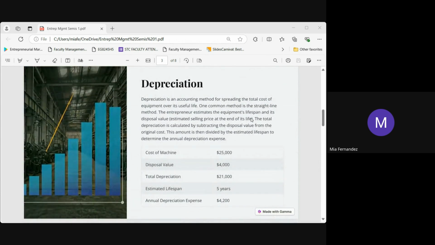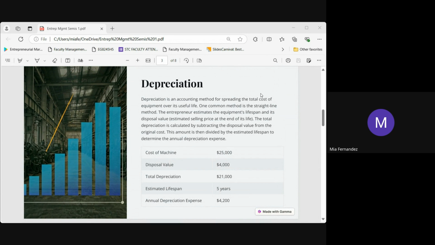Now, we can talk about depreciation expense, an accounting method for spreading the total cost of equipment over its useful life. One is the straight line method. For example, yung presyo ng machine ay $25,000. May sinasabi tayong disposal value or salvage value.